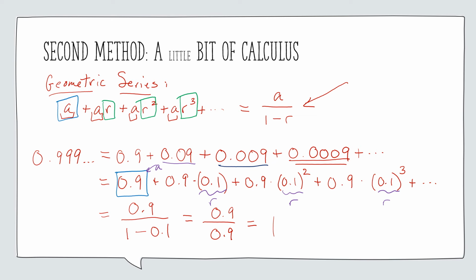So again, we get 0.9 repeating is the same as 1. Before I move on, I want to quickly note that this relationship we used up top only works when r is in between -1 and 1. If r isn't between these two numbers, then this relationship doesn't hold true.